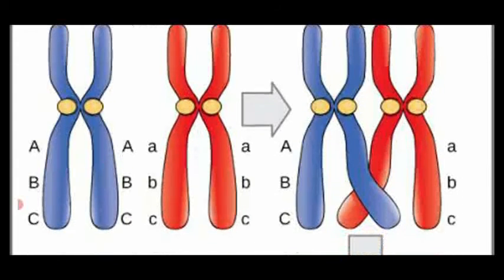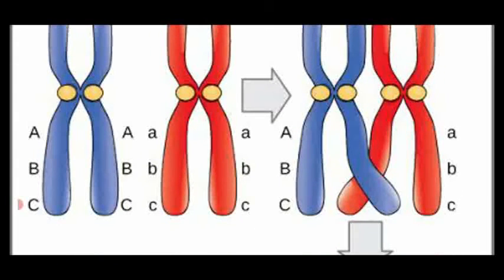Both have different alleles. The first, blue chromosome has A, B, C, the dominant alleles. The other has the recessive alleles. So 2 chromosomes have dominant alleles and recessive alleles. Here, 3 alleles A, B, C are given in one, and the other has the recessive alleles.